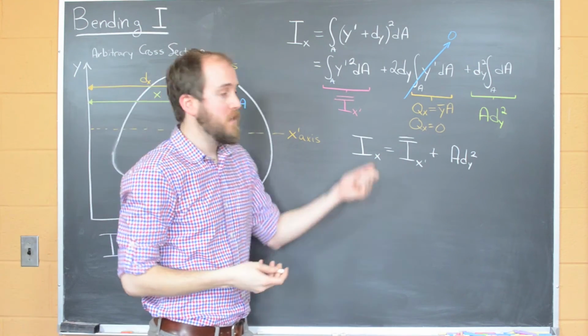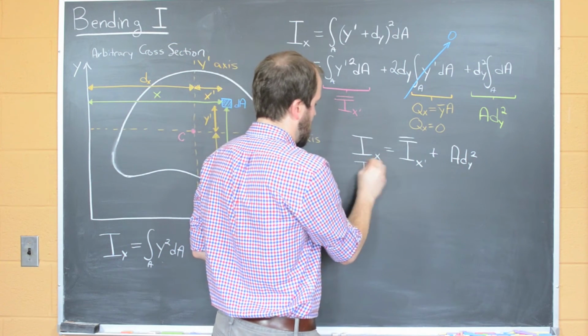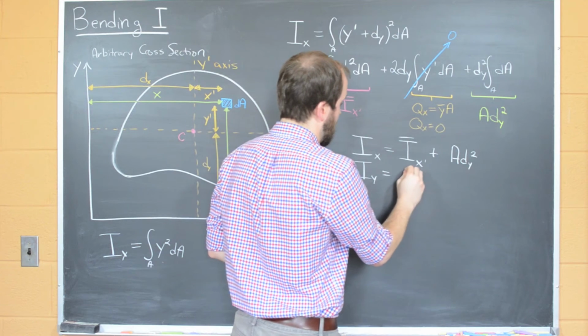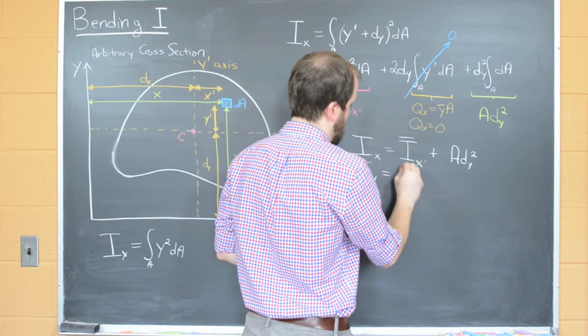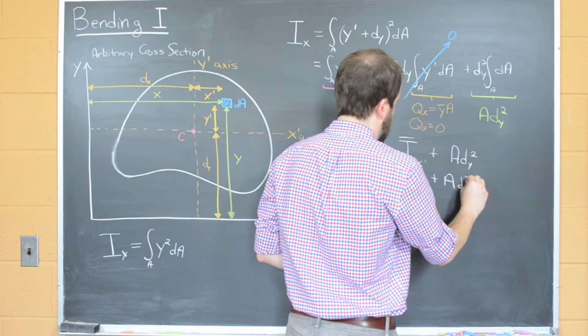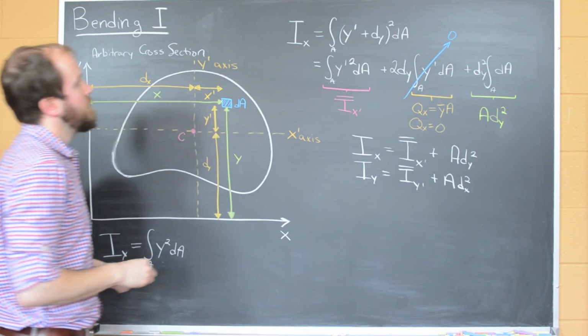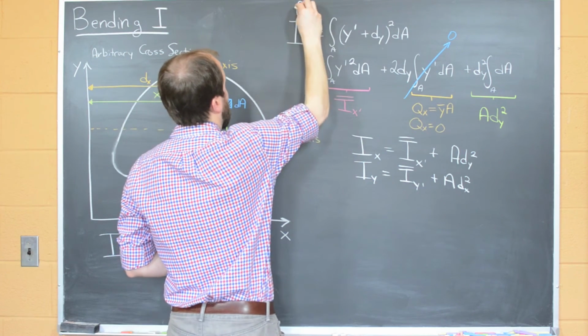And this same definition, you can check yourself and go through this on your own. You can do the same one for I sub y. And so this is what's known as the parallel axis theorem.